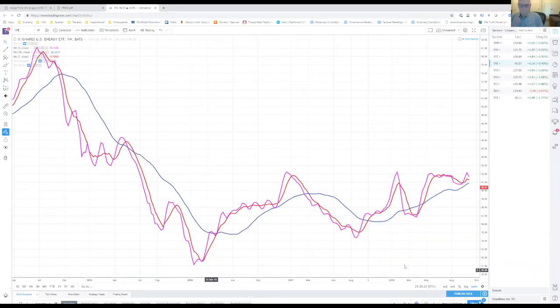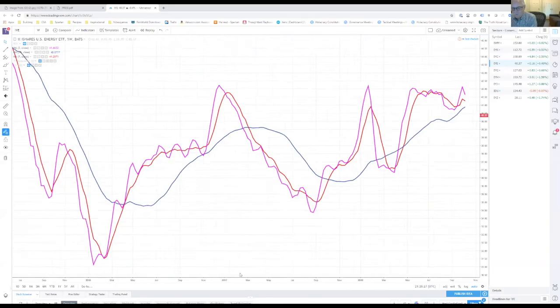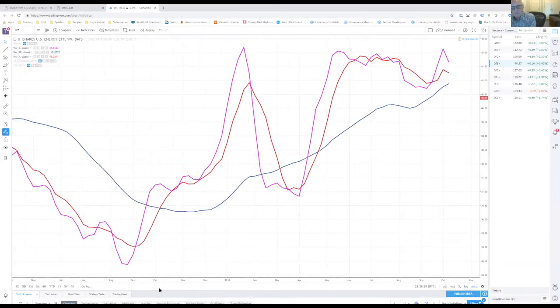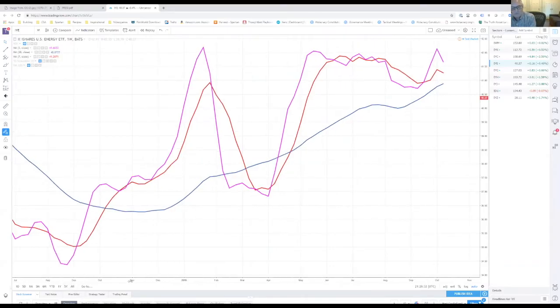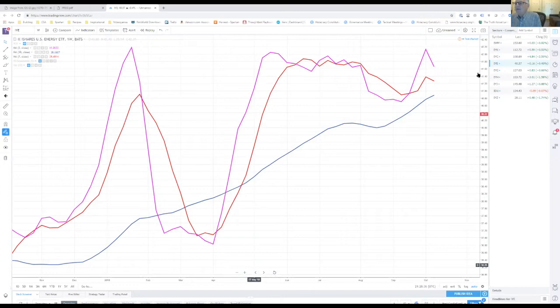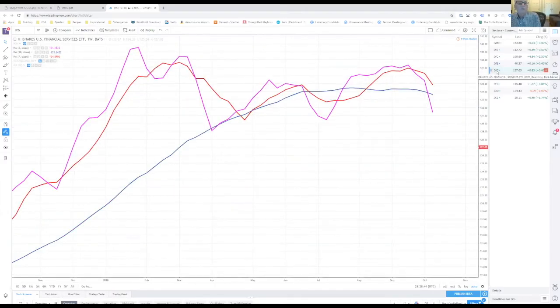Okay, very important points, but we don't have a lot of time and we've got lots of charts to look at. So that's energy. I want to now look at financials. This is the financial sector, which is made up of all the other industries I've already named.